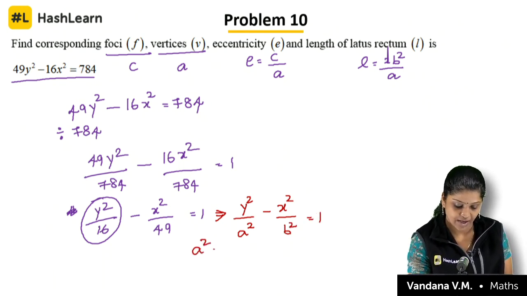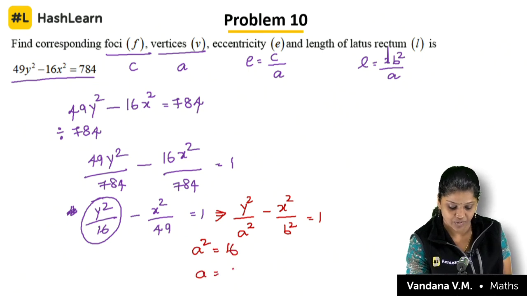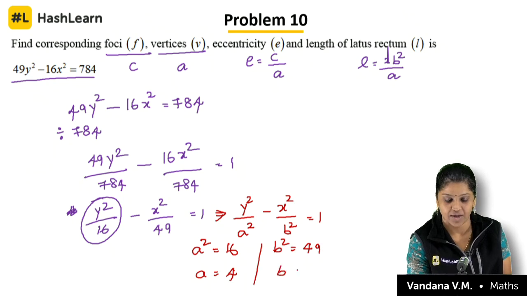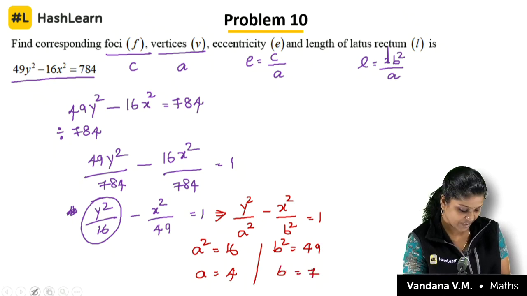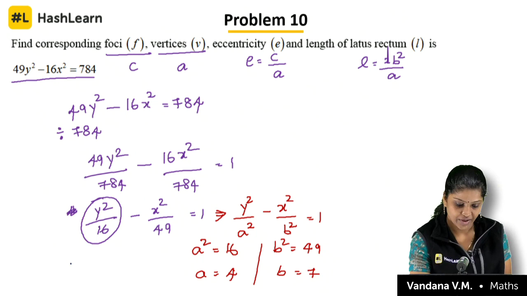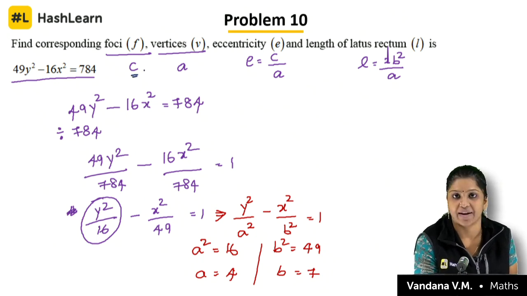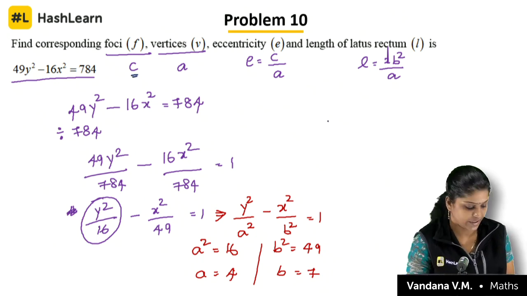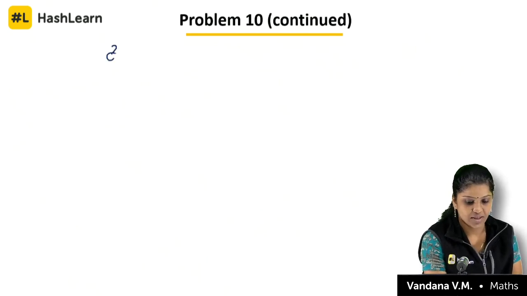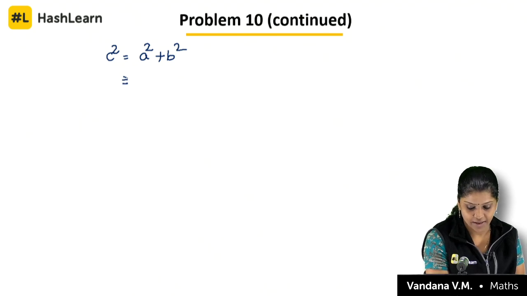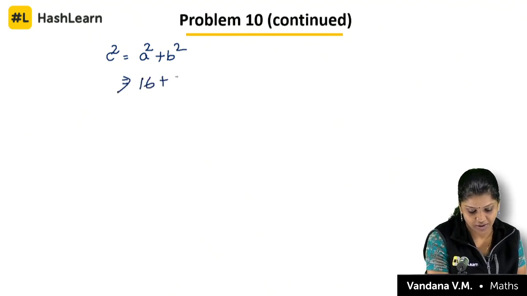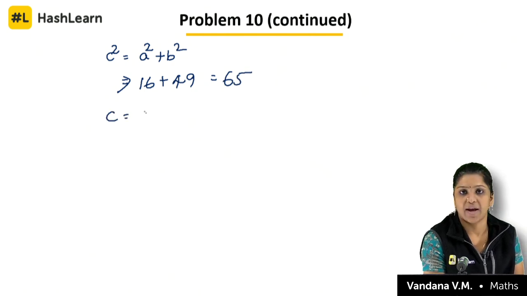So, a square value is 16, a value is 4, b square value is 49 and b value is 7. Now, children, I actually want the c value. The relationship is c square is equal to a square plus b square. 16 plus 49, that is 65. c value is root 65.